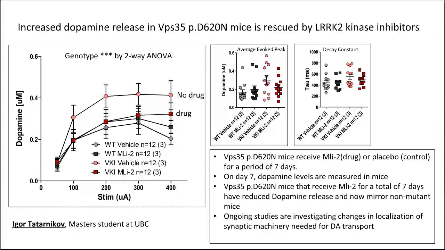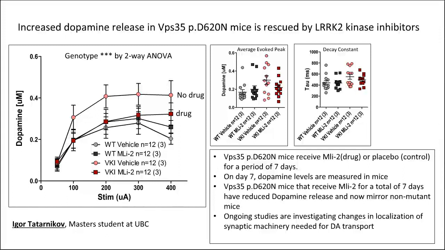So this is very early data. We're quite quickly working on this to ensure it's correct. But what we find is that when we have this particular mutation in VPS35, which I've described, and we give them drug treatment for 7 days, the mice are completely normal, they don't lose any weight, and their behavioral aspects are okay.